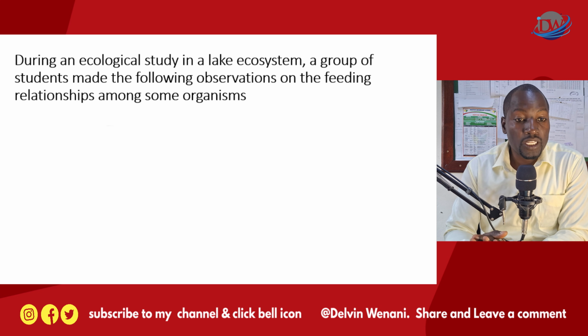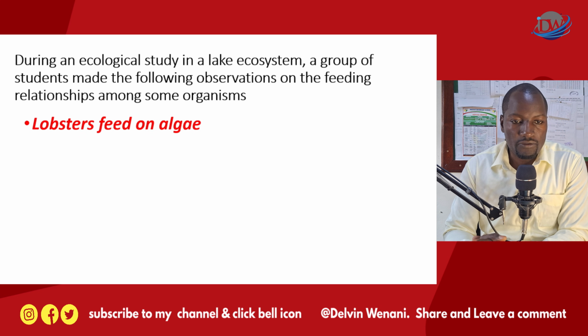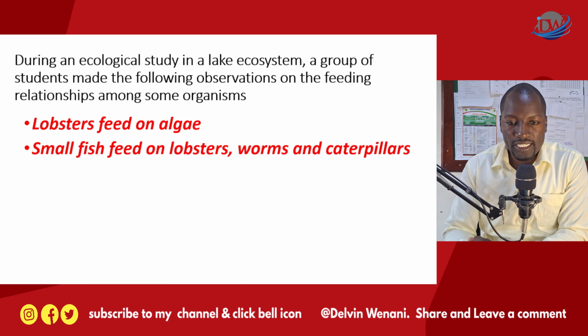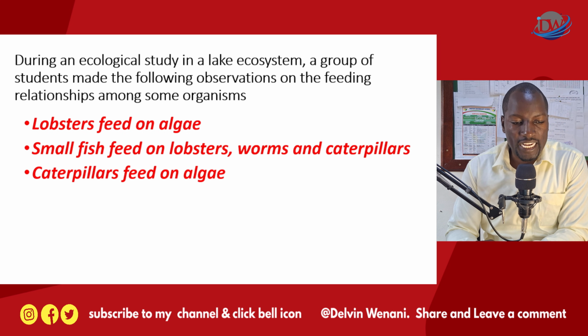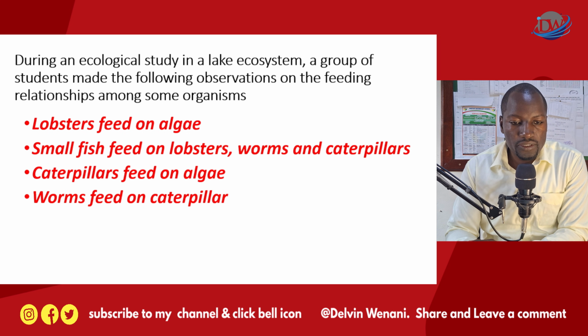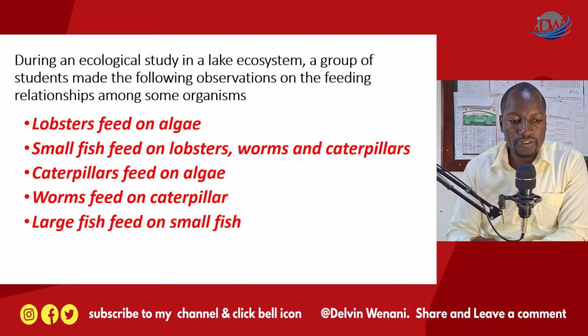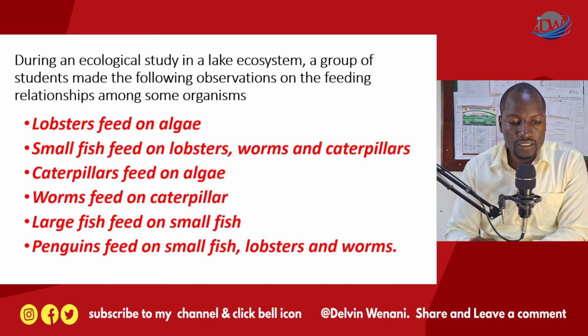And these are, number 1, lobsters feed on algae. Small fish feed on lobsters, worms, and caterpillars. Caterpillars feed on algae. Worms feed on caterpillars. Large fish feed on small fish. Penguins feed on small fish, lobsters, and worms.